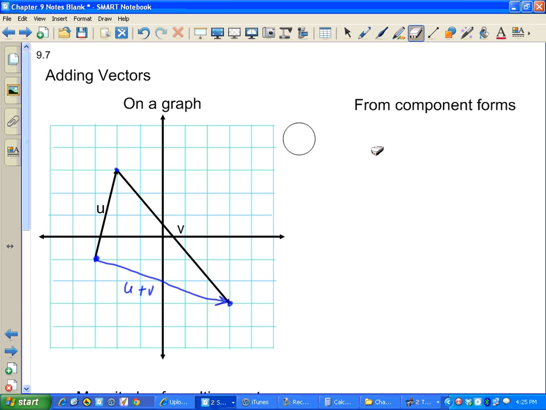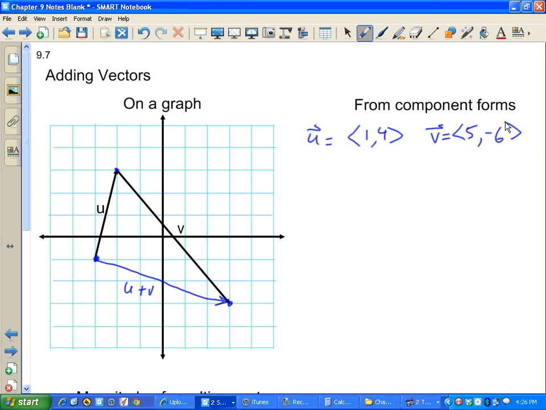Component form: the component form of vector u would be over 1, up 1, 2, 3, 4. The component form of vector v is over 1, 2, 3, 4, 5, down 1, 2, 3, 4, 5, 6.